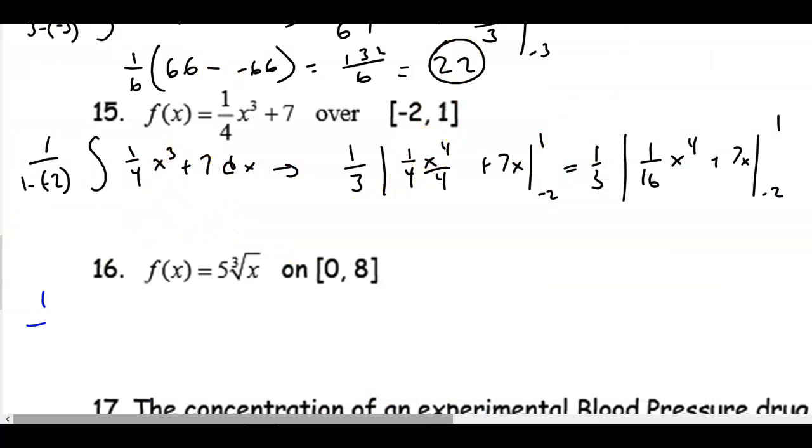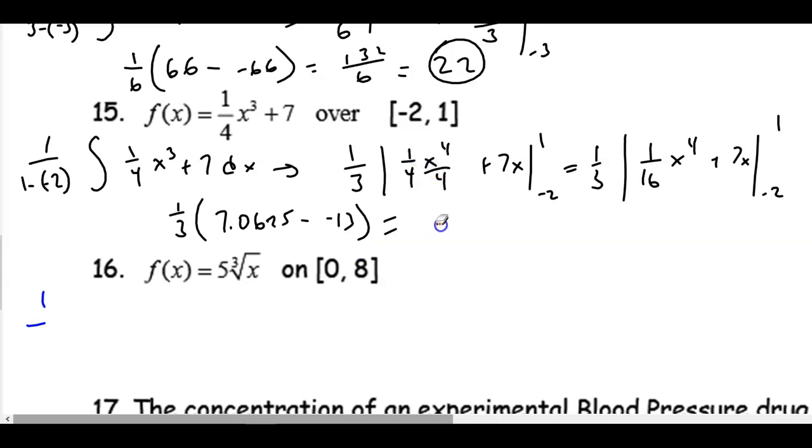So if I go 1/3 times 7.0625 minus a negative 13, let's see, 7.0625 plus 13.